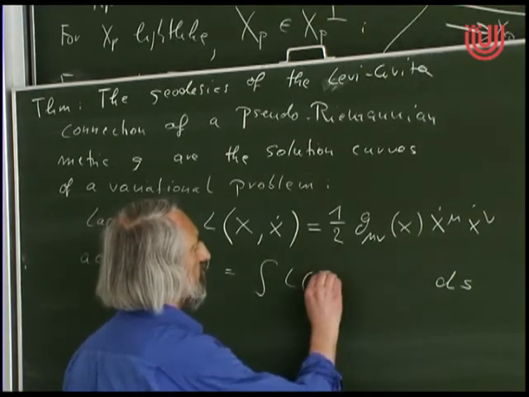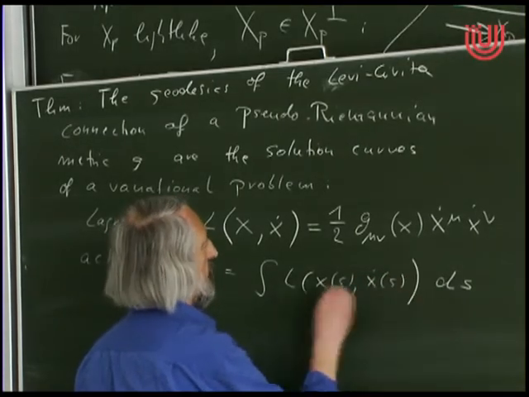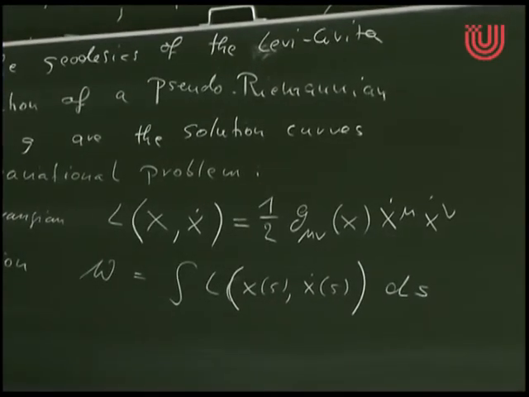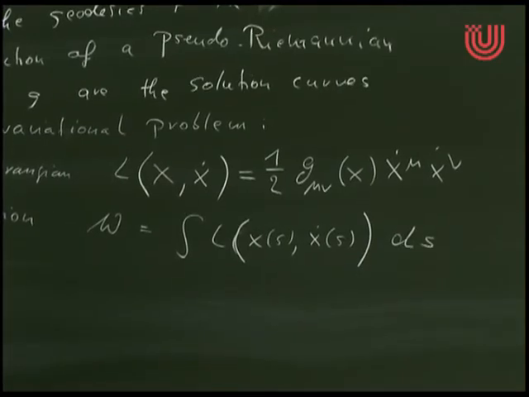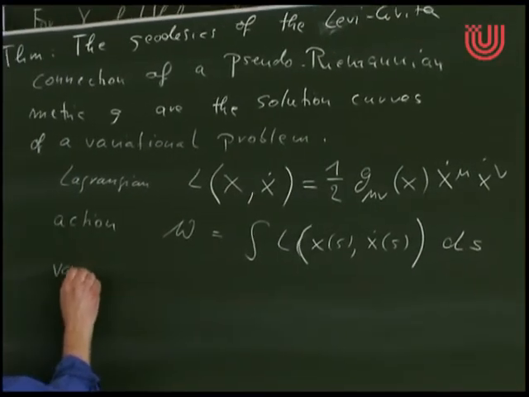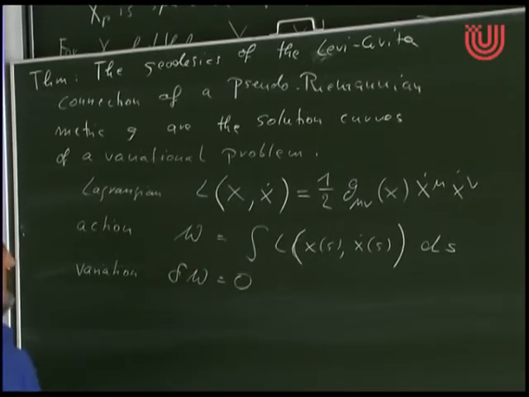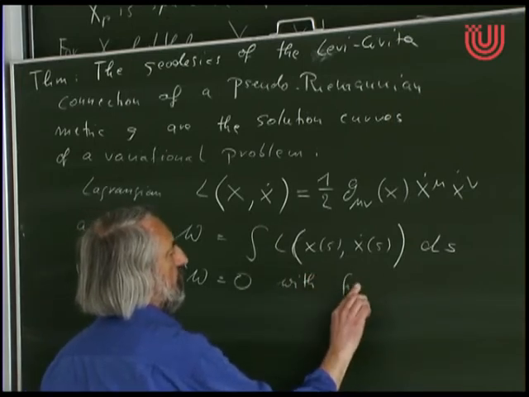And then I have to insert here my curve x of S, x dot of S. So the dot means derivative with respect to S. So that's how you define it. And then the variation is delta W equals 0. And the variation has to be done with fixed endpoints.